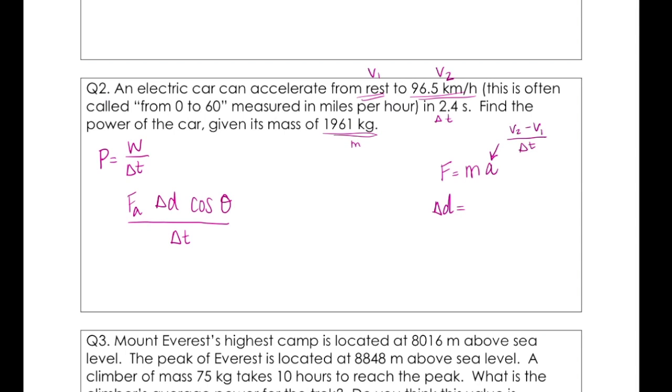If I rearrange that equation, I get velocity times delta T, where my velocity is going to be the average velocity, so V1 plus V2 over 2, times my delta T. You first have to calculate the F and the delta D before you plug them into this equation.